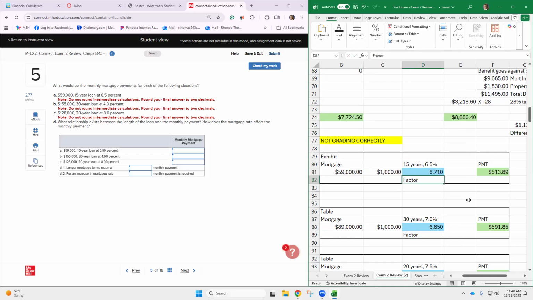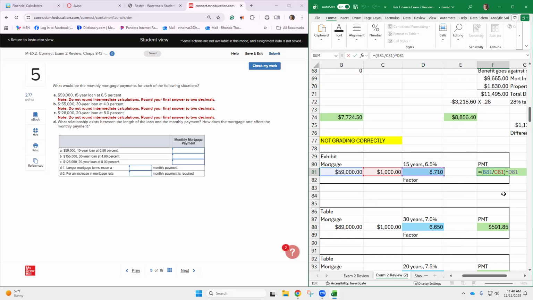To get your payment, I think it should be within like 500 to 1,500 bucks. You have to have a halfway reasonable mortgage payment. So here's what I did. I took 59,000 and divided by 1,000, which is right here in my formula.